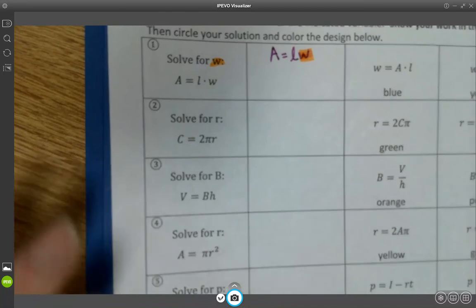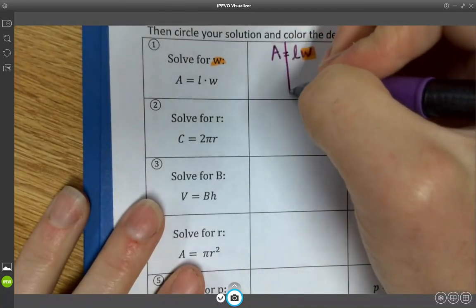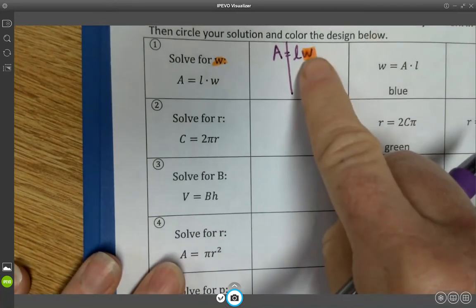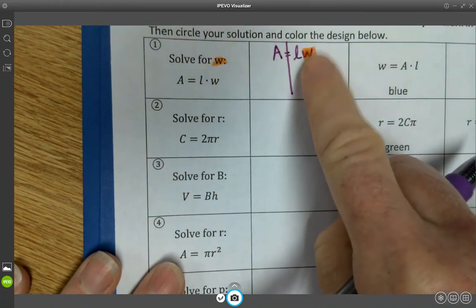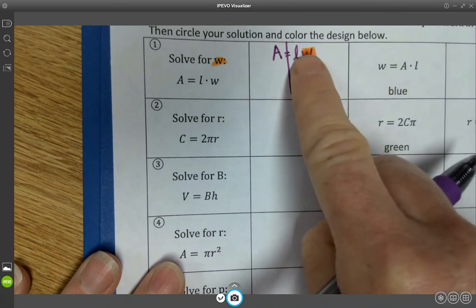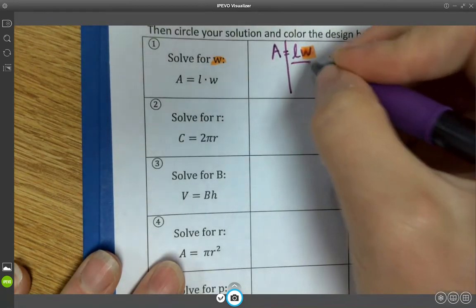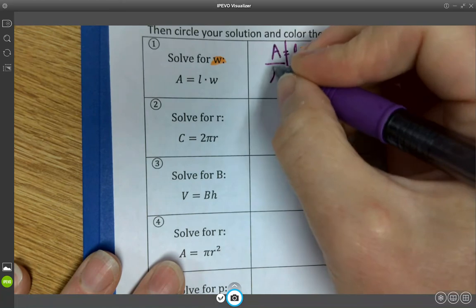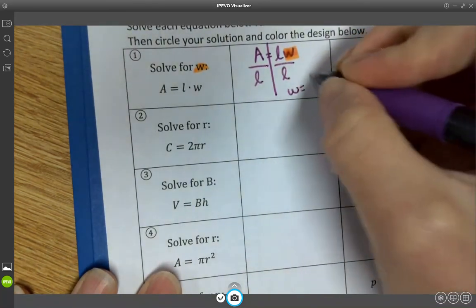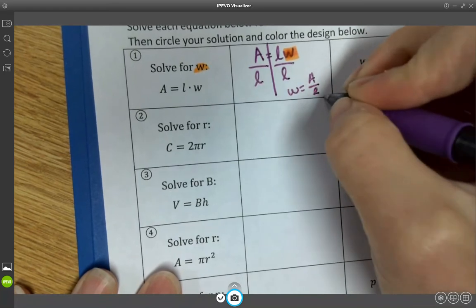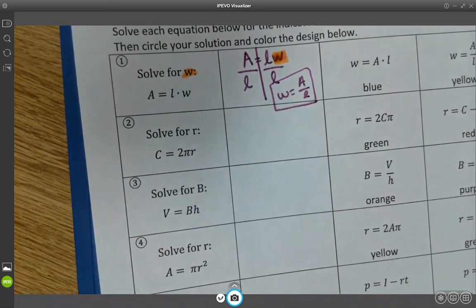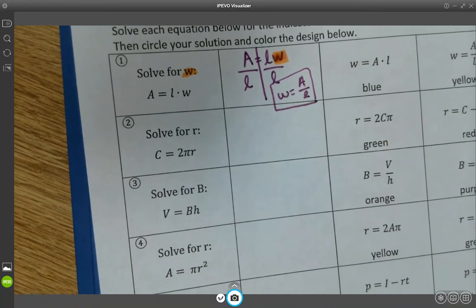So we're solving for W. If we want to solve for W, we need to get the L to go to the other side. Operation here is multiply. So we would divide by L on both sides. And I always do a cursive L, otherwise it looks like a 1, so that's why it looks like that.